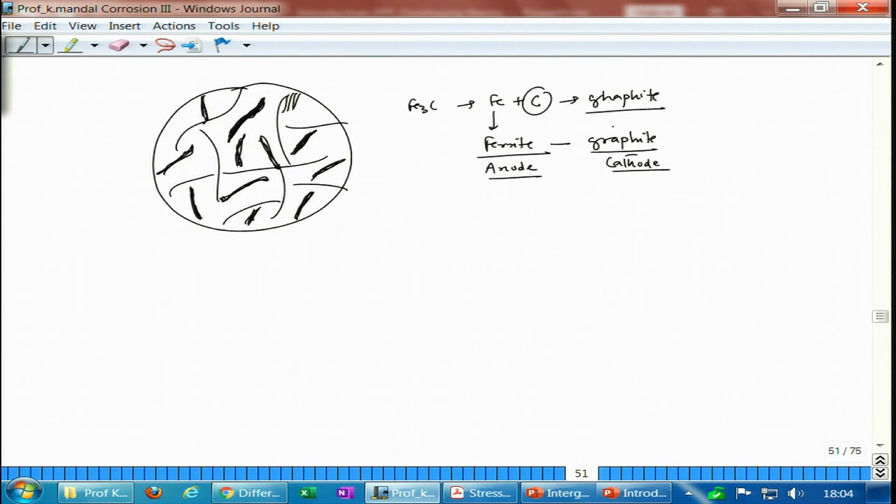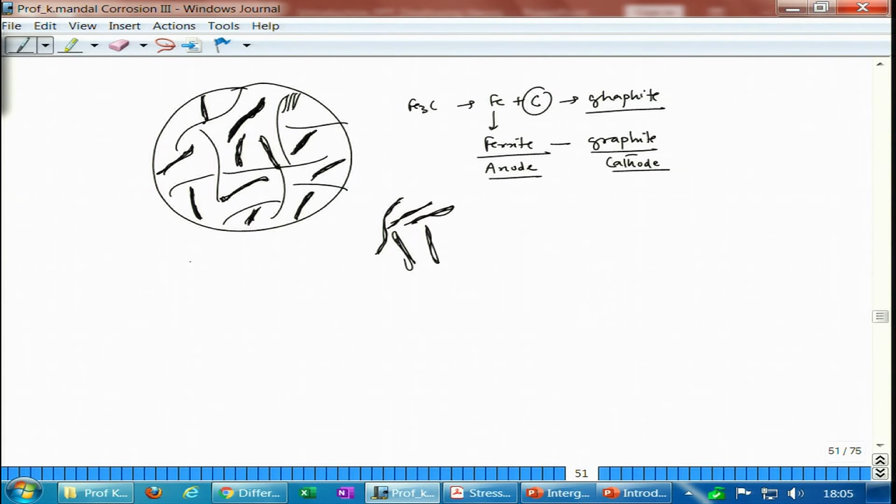Fine. So, with anode and cathode, the anode should dissolve and the cathode would stay back. Since the graphite is basically in a flaky arrangement, once one layer of iron dissolves, this graphite can have interlocking between them.